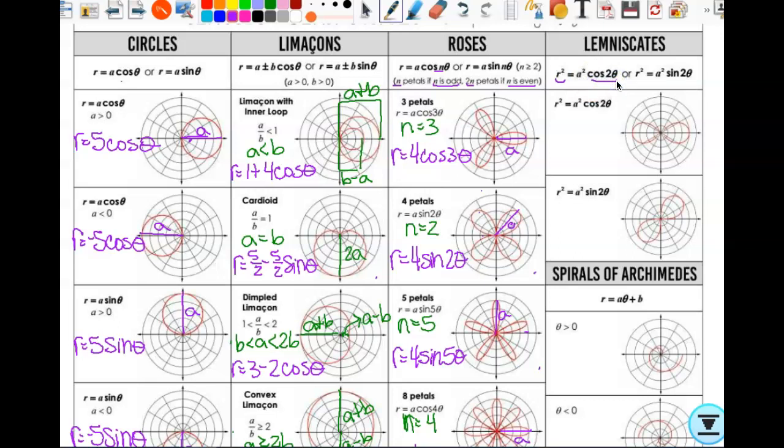I say that because you could say that r squared equals 16. That's a circle with a radius 4, because we could take the square root of both sides. But if you have an r squared that has an equation like this, it's going to be a lemniscate. So since it's r squared equals a squared times the cosine of 2 theta, this is your a value. That a is 4. That's why this is r squared equals 16 cosine 2 theta.